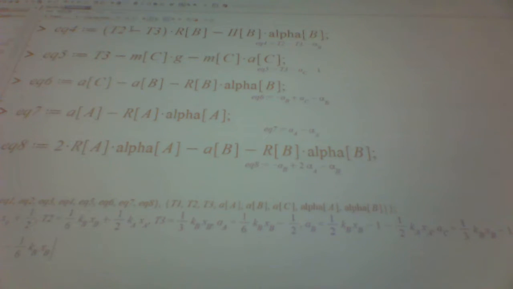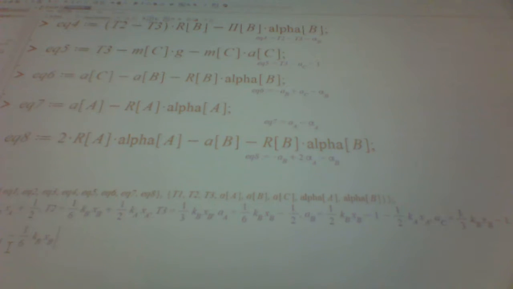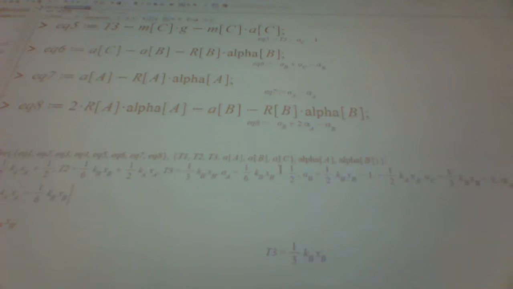Well, that looks nice. Much cleaner. That looks a lot better, no? So let's see what that would give us. Very quick. So if we put this one here, the other one of interest would be a sub c, no?